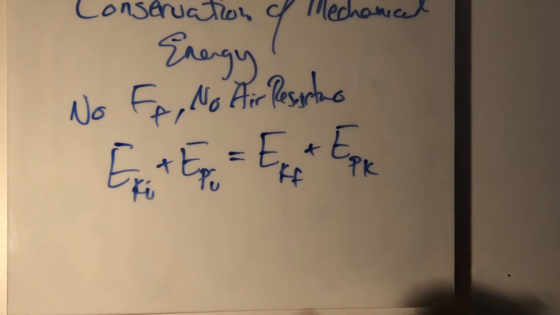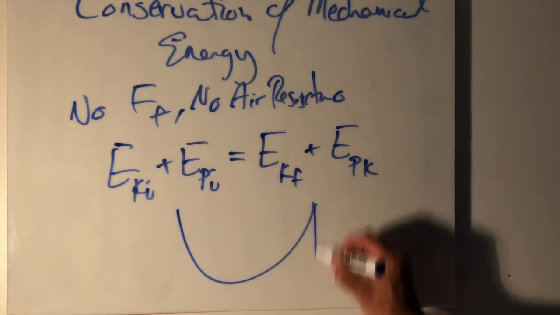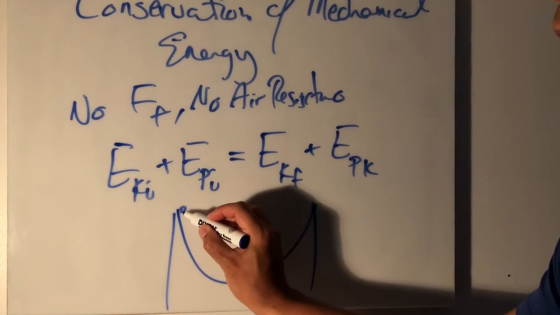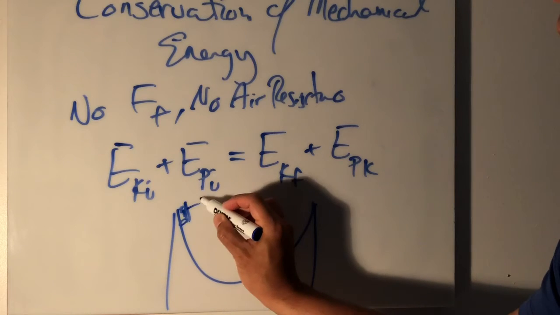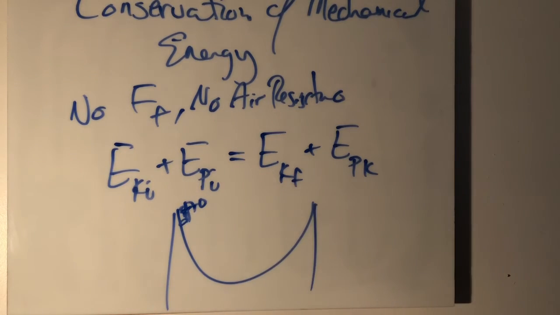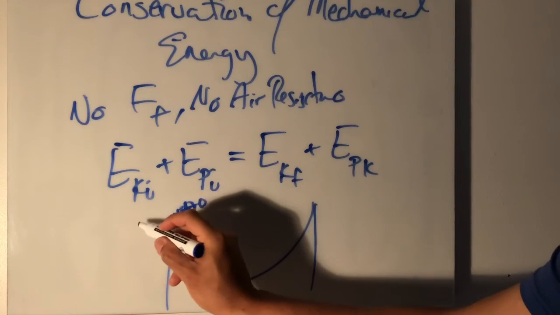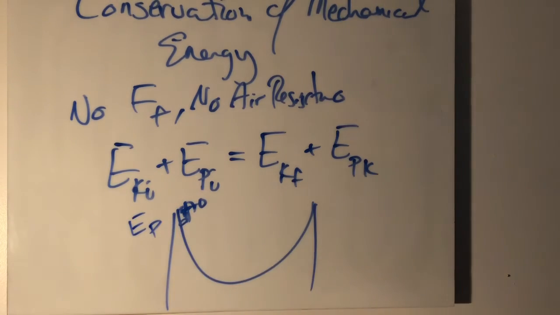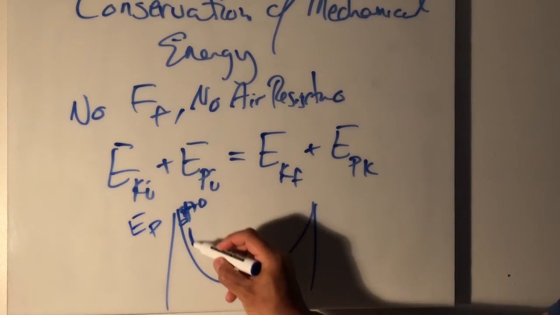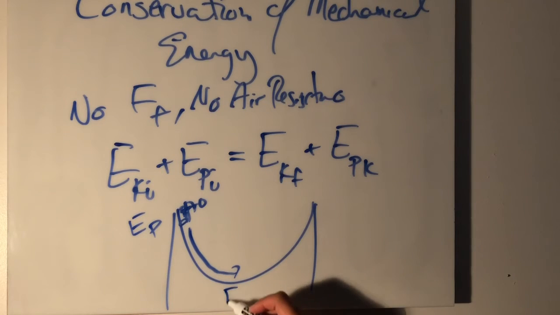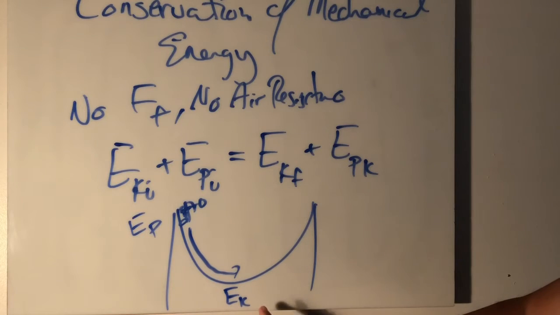The example they use in the book is a skateboard ramp, and then you have a kid on a skateboard. So at the very top here, it is all potential energy. As the skateboarder goes down, at the very bottom, when he or she is at full speed, that is all kinetic energy.